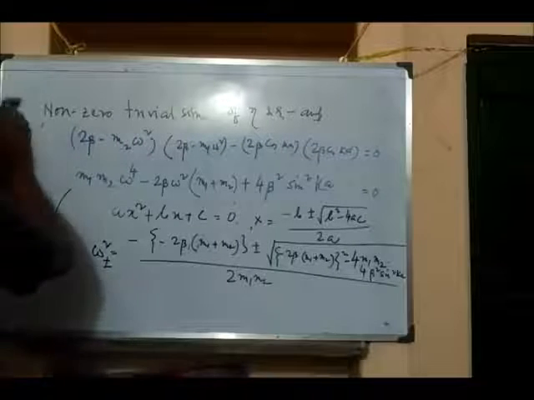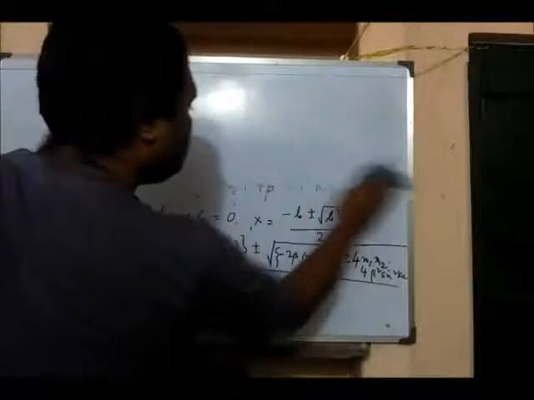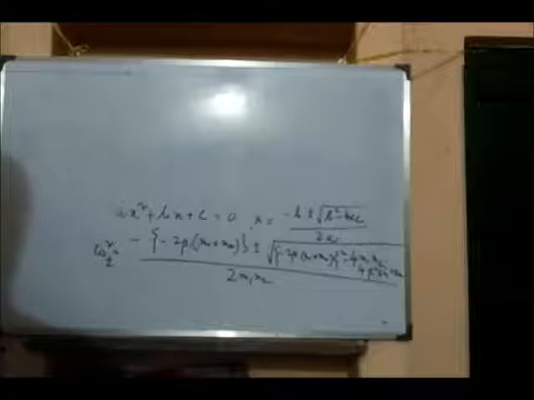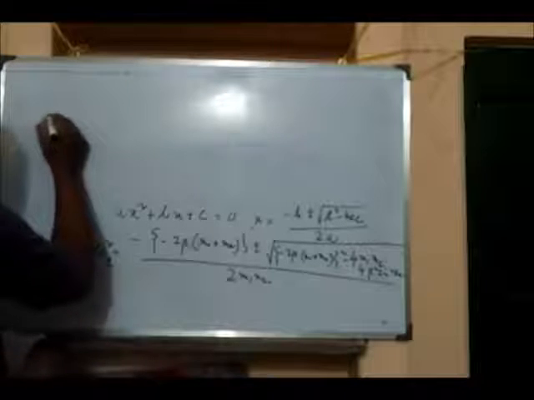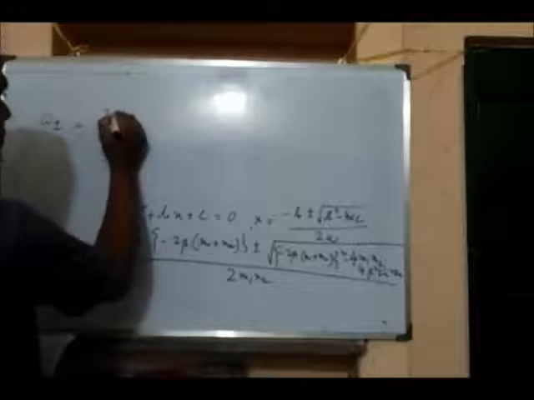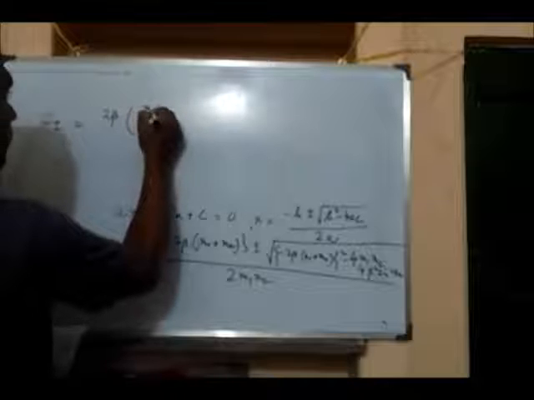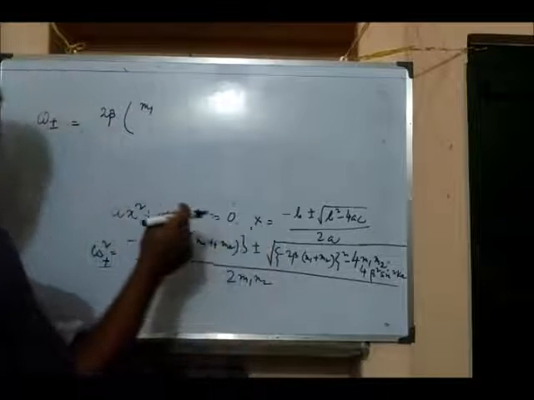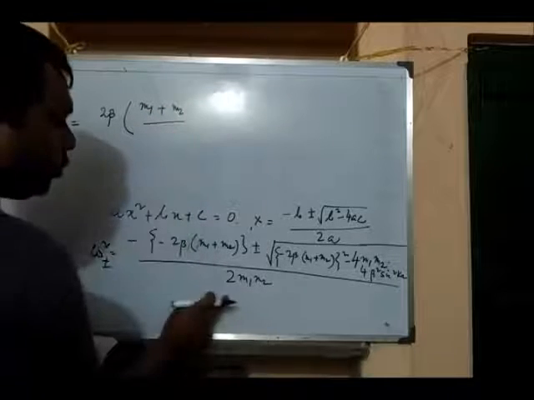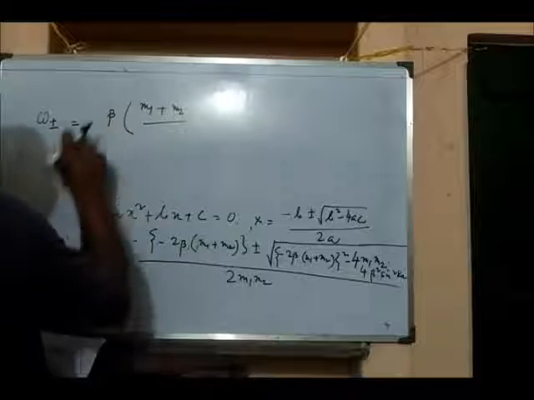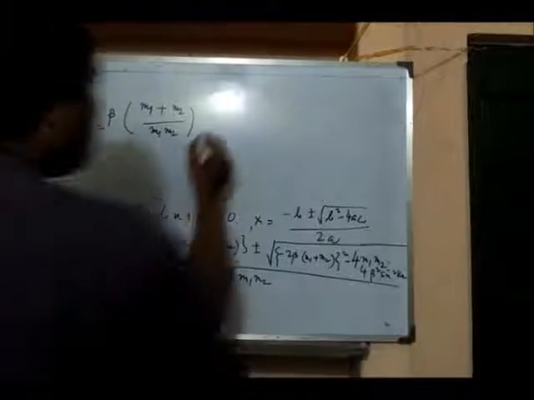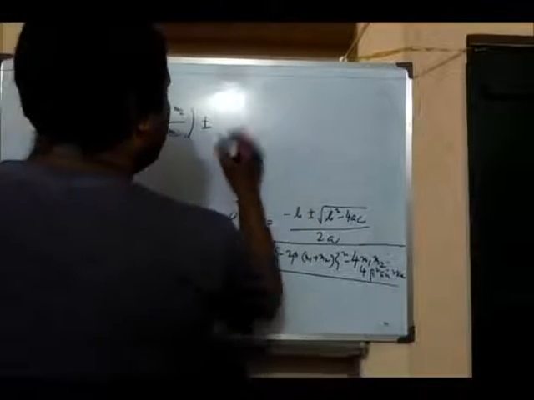So for omega plus minus, what we will get here: this will be twice beta (m1 plus m2) divided by 2 m1 m2.